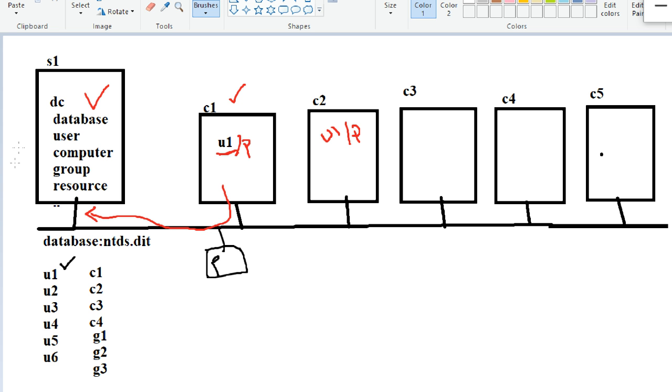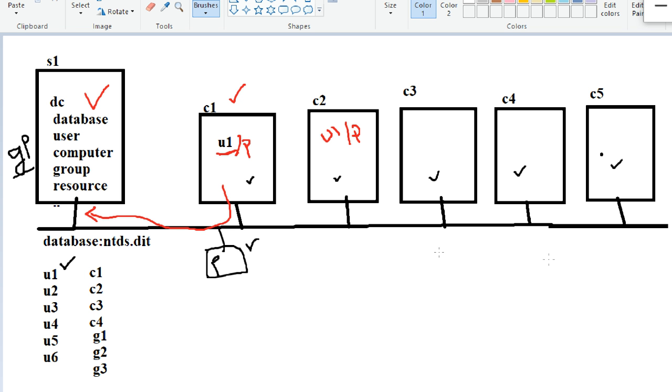So what I will do, I will create a group policy, and in the group policy I will mention the printer, and I will distribute this printer setting to everyone. For example, I have 100 PCs. I can't go to each of the 100 PCs to configure the printer setting, right?